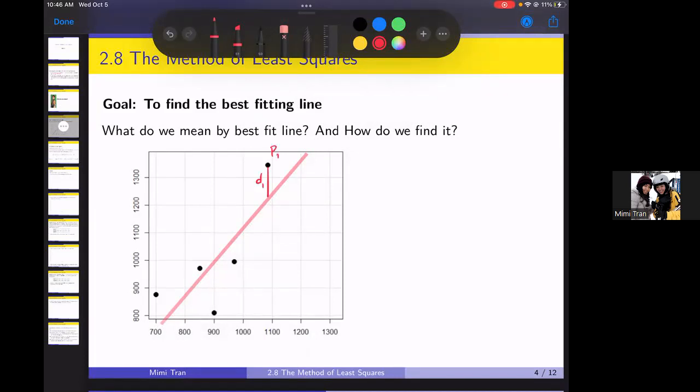Another one, here is D2. D3 is pretty short. D4, of course, D5.